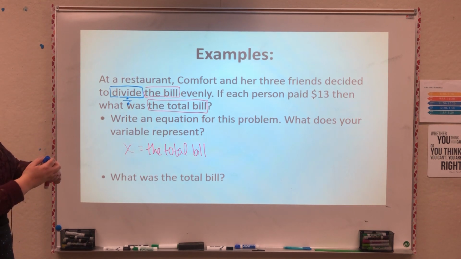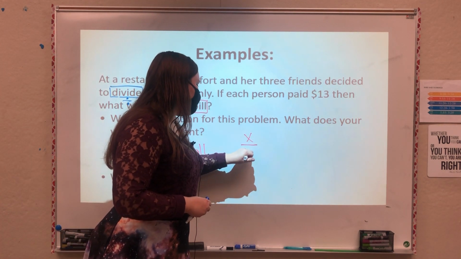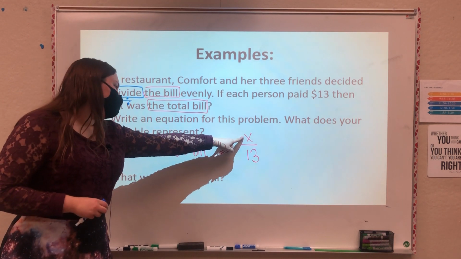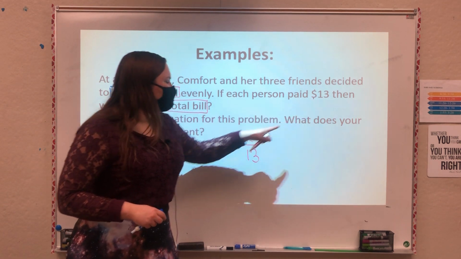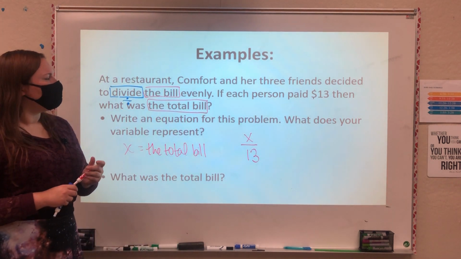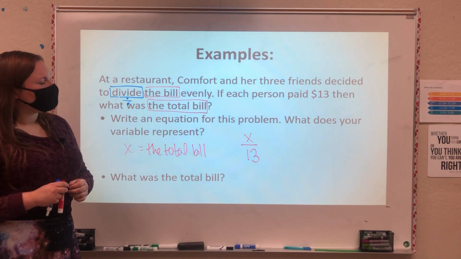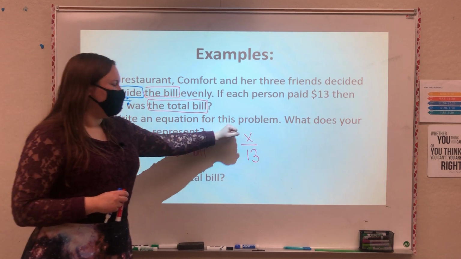So X divided by 13. X divided by 13. So that right now says the total bill divided by $13. What are you dividing the bill by? No. Divided by 3.